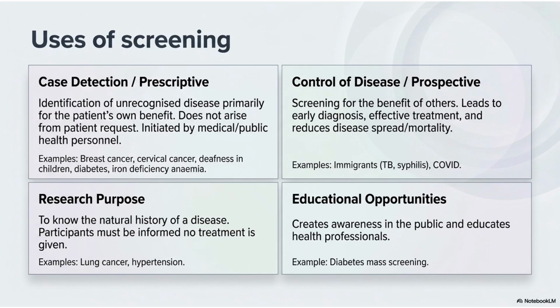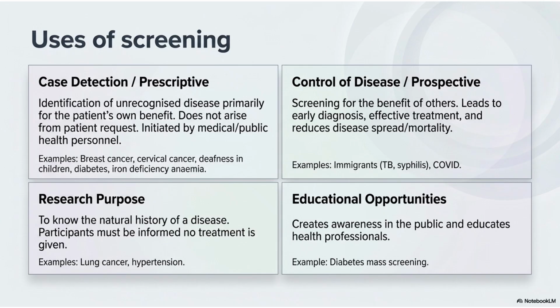And the third use is research purpose. As a part of research in terms of case control studies, randomized control trials, or cohort studies. So like this, we are doing epidemiological studies. Why?